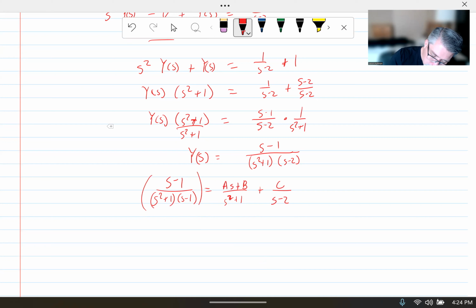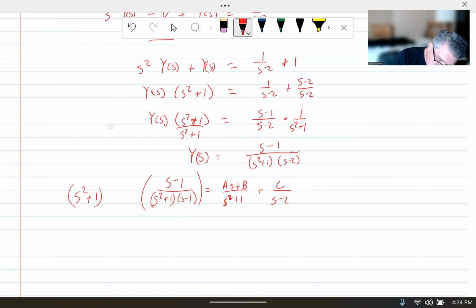Now, I'm not going to be able to use the trick that we did before because I have a quadratic here, so I'm going to have to use some algebra. The trick that we did before was when we let A or B or C equal to something, and then I could get rid of it. I can use that on C, but I can't use that for A or B.